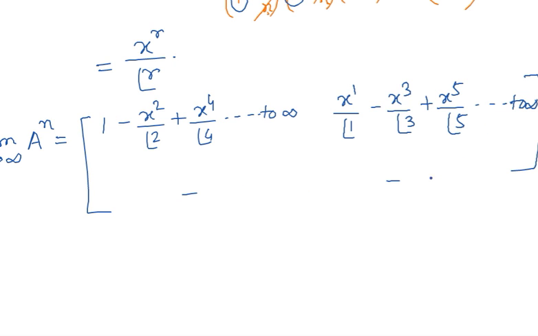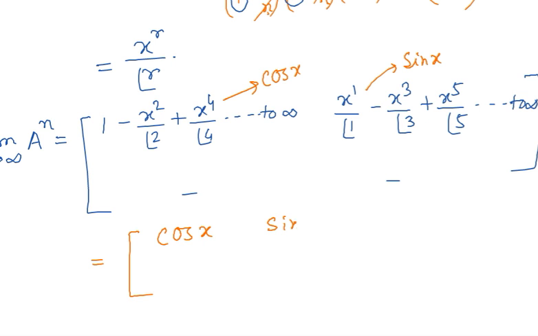And we are not really bothered about the other two terms. Now we can see that these are nothing but the infinite expansion of cos x, and this is the infinite expansion of sin x. So the final result we can write in this way, like this is going to be cos x sin x. Diagonal elements will become same, so we can write down cos x here, and the non-diagonal element will be opposite in sign, so minus sin x.